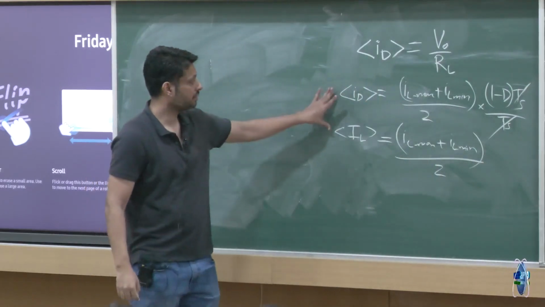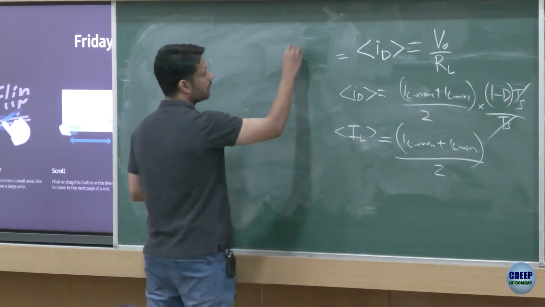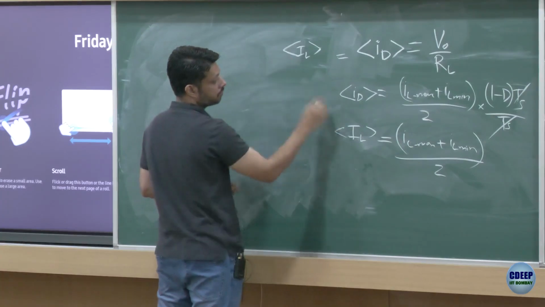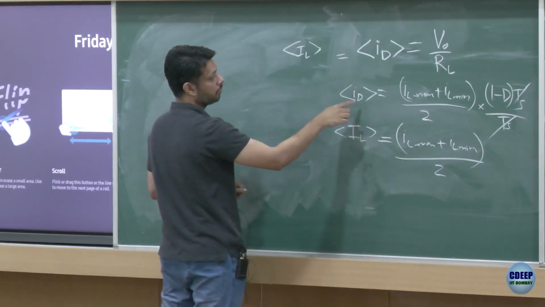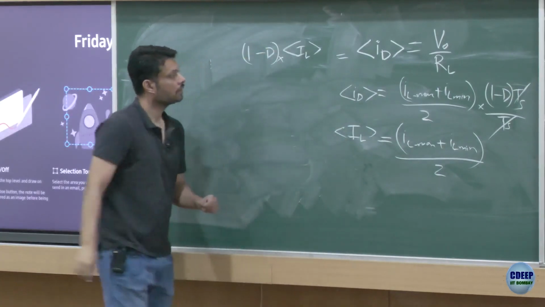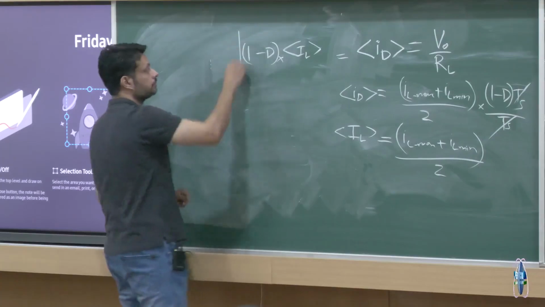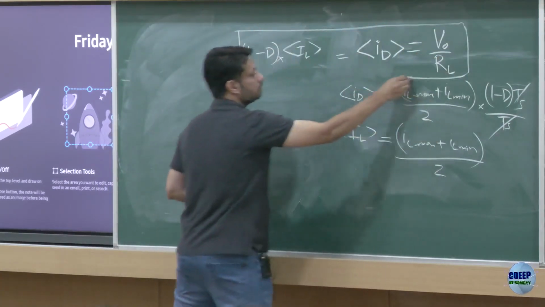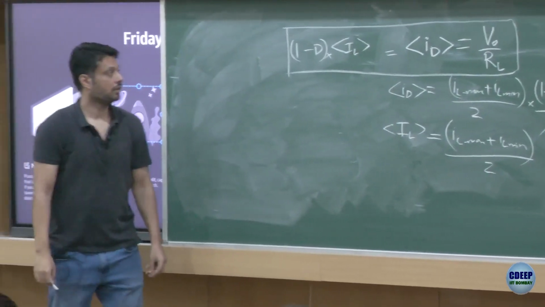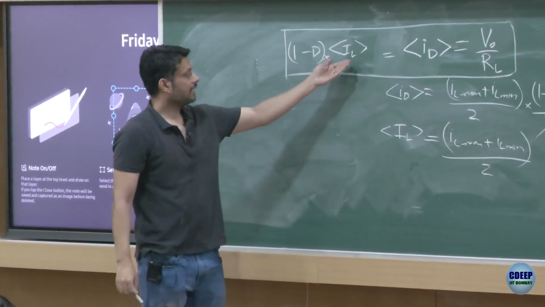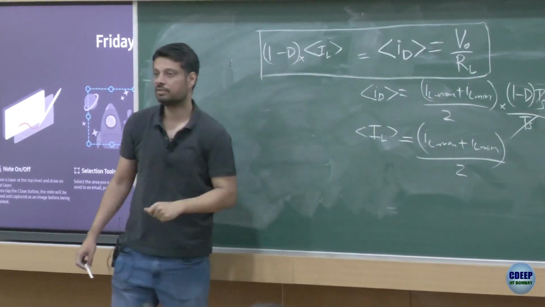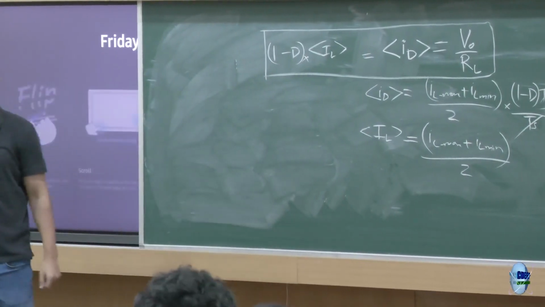And therefore, the relationship between these two things is, is that okay? So, now between the inductor average current and the average load current, there is a little bit of difference in terms of the final expression.